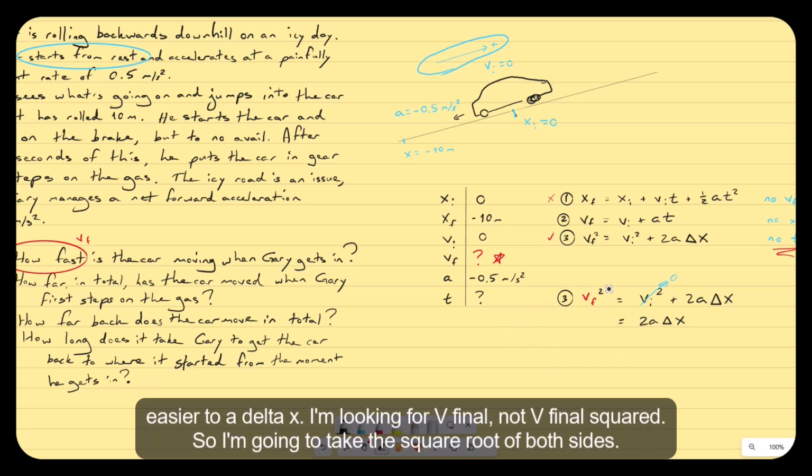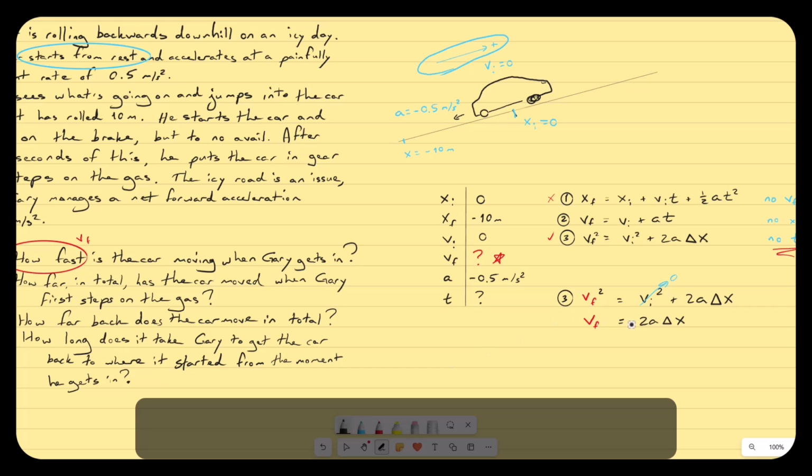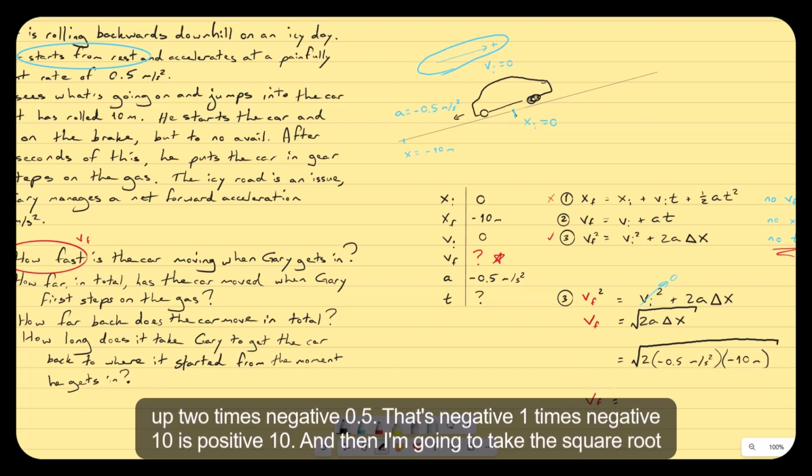I'm looking for V final, not V final squared, so I'm going to take the square root of both sides. And then I can plug in. My V final is going to be the square root of 2 times negative 0.5, that's negative 1, times negative 10, which is positive 10.